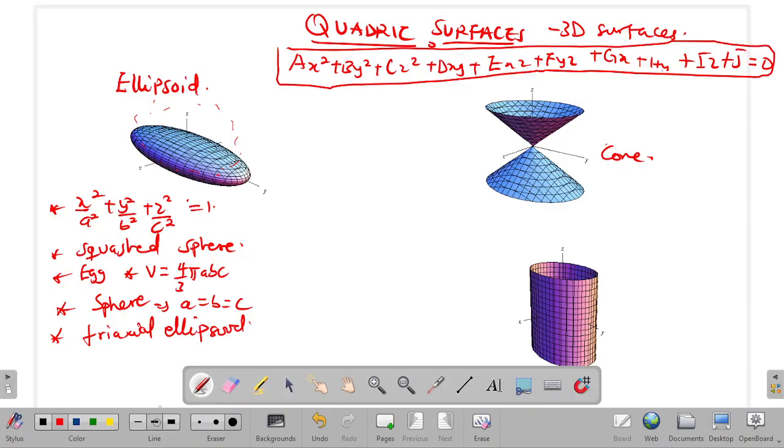So these are some of the things you've got to know about the ellipsoid. A sphere is an ellipsoid with equal a, b, and c, so get this formula in mind.